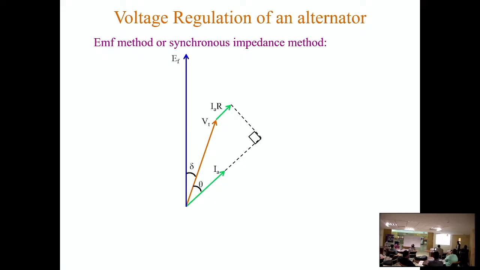Here in this method we will consider the synchronous reactance as having two components. One is the armature reaction reactance component, another is the armature leakage reactance component. Here the induced EMF, or the excitation EMF, EF, is induced by the flux phi F, which will be ahead of EF by an angle of 90 degrees.